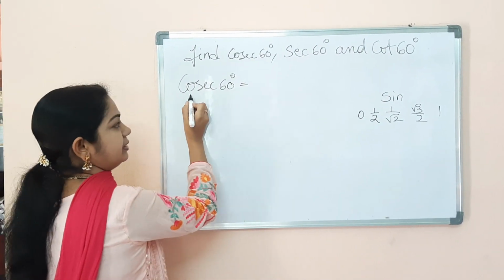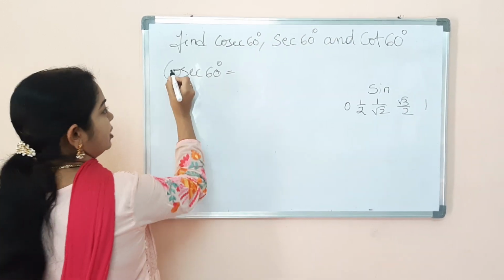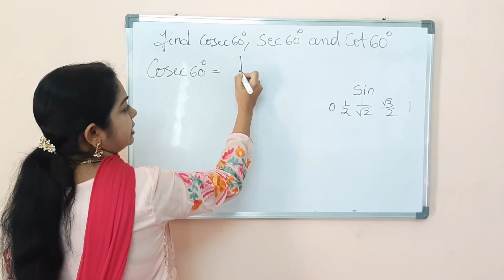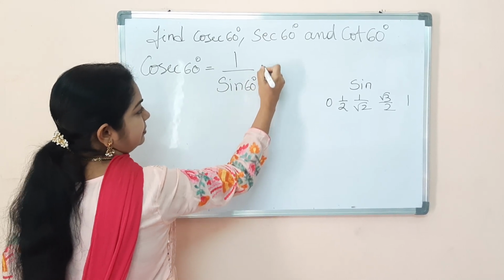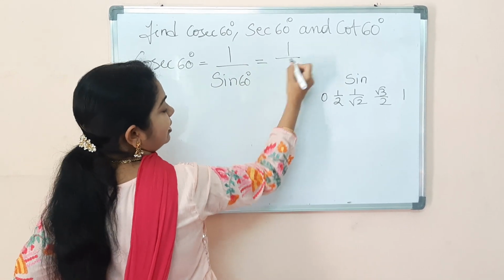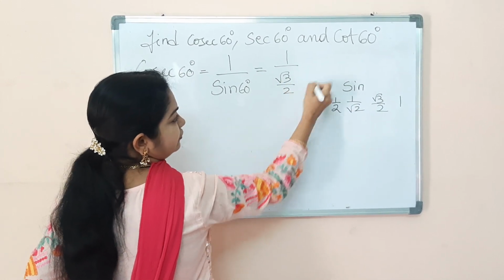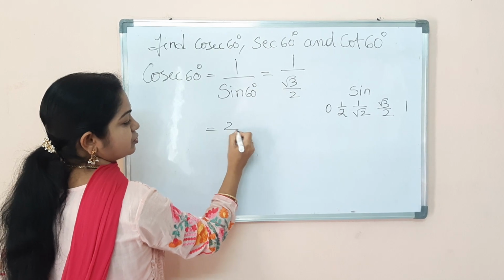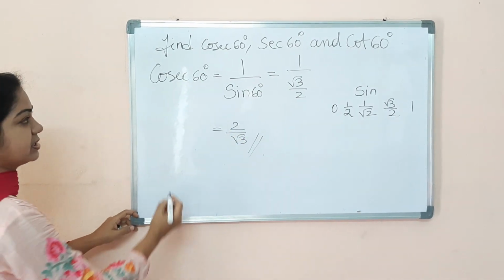So I'll bring every trigonometric ratio into the sine function. Cosecant is the multiplicative inverse of sine 60. I know the value of sine 60, root 3 by 2. So it becomes 2 by root 3. This is the value of cosecant 60.